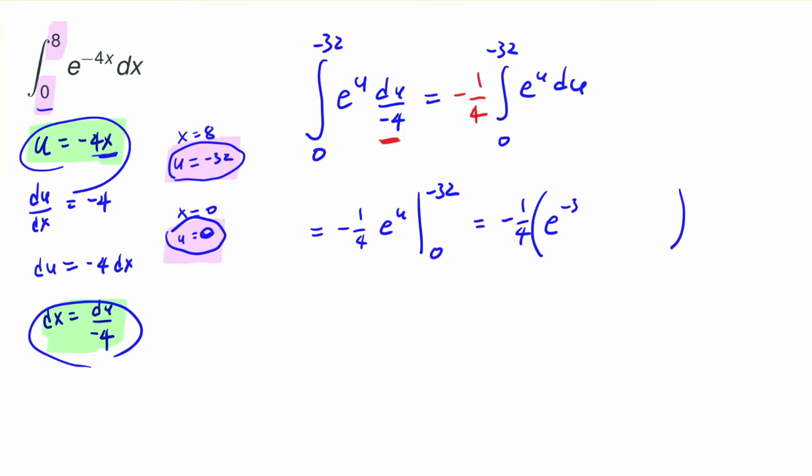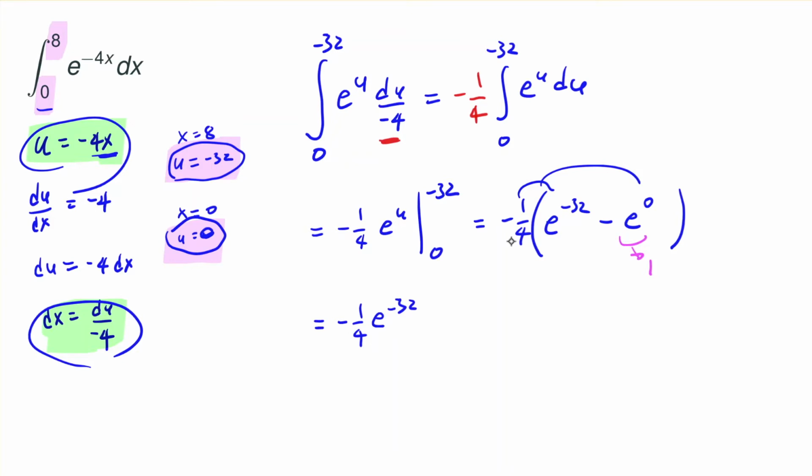Plug in negative 32 minus e, plug in 0. So then what we get is negative 1 over 4 times e to the negative 32 power, because we're distributing. e to the 0 power is 1. Anything to the 0 power is 1.